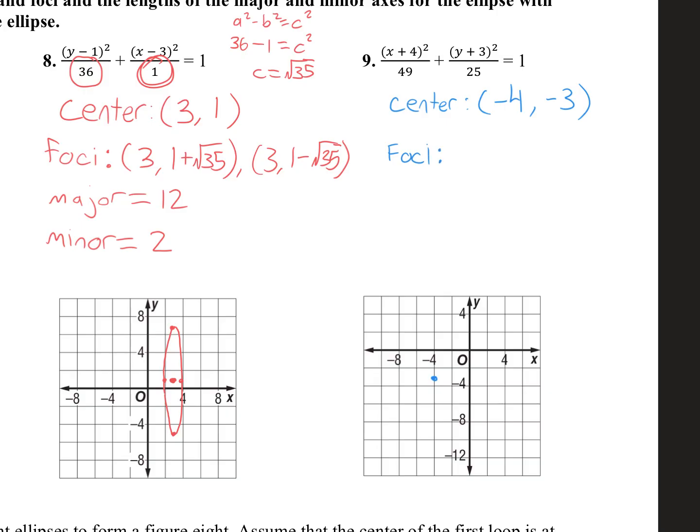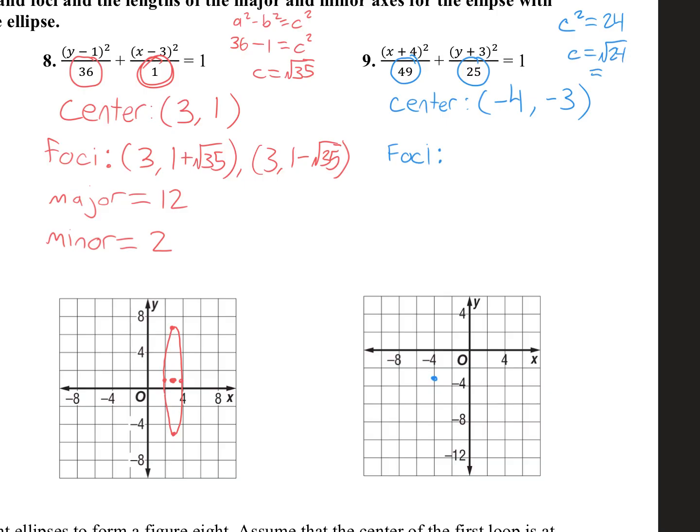For the foci, you just subtract. You take the big denominator minus the small denominator, you get 24, so c squared equals 24, and then c is radical 24.